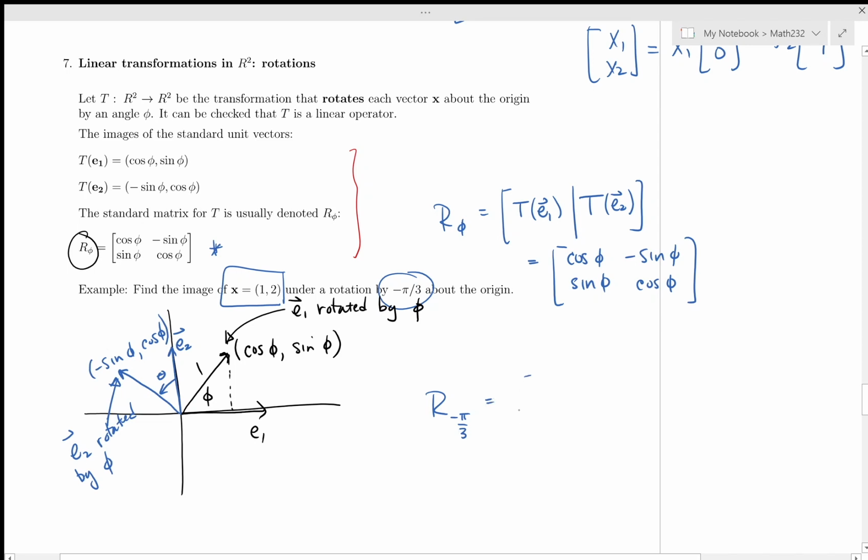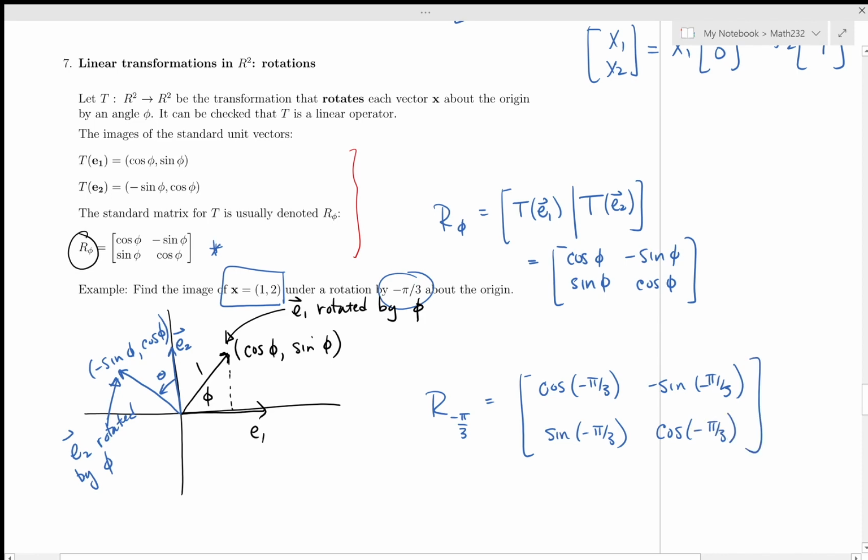That is going to be, you simply fill this in. Cos minus pi by 3, minus sine minus pi by 3, sine minus pi by 3, and cosine minus pi by 3.